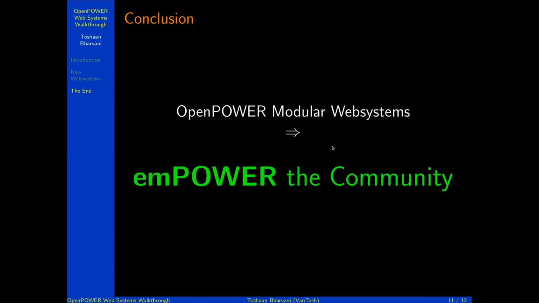So yeah, with the use of these modular web systems, we hope we can get the community working around this. If you look at other projects like the CentOS project, the Fedora project, even the Debian project, they typically use open source tooling. There's no one tool to solve all the problems.